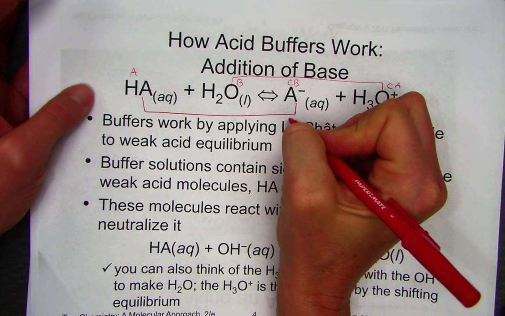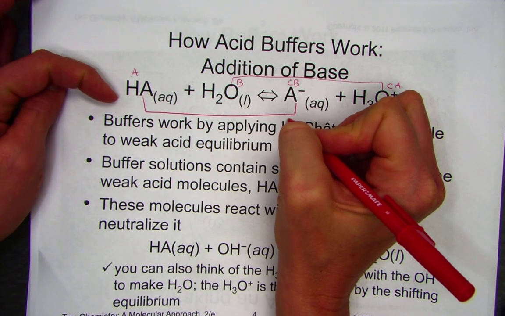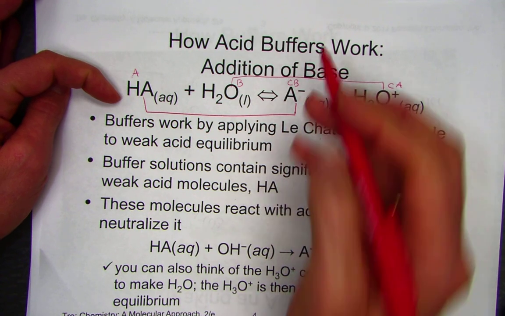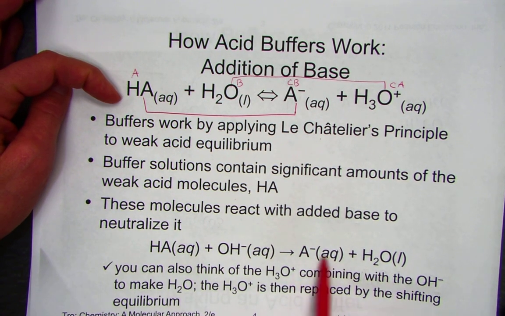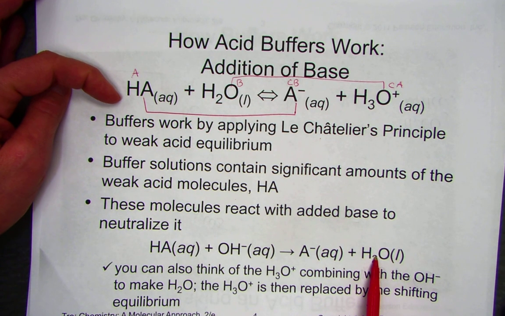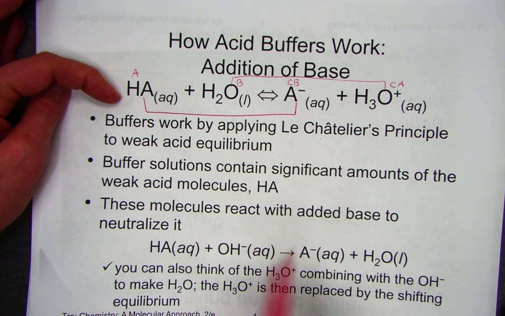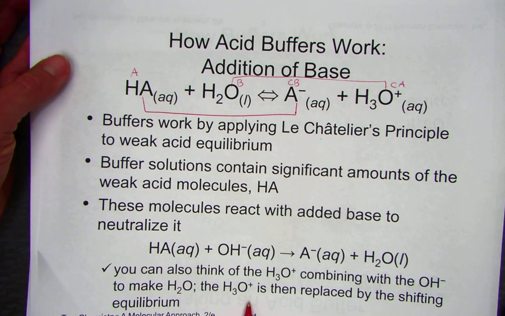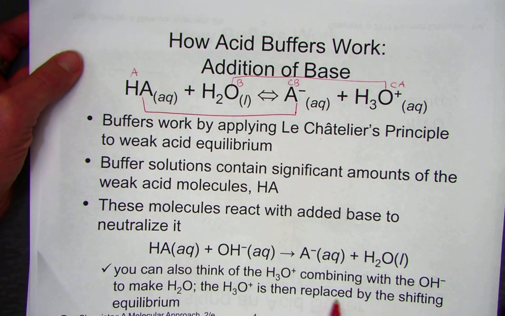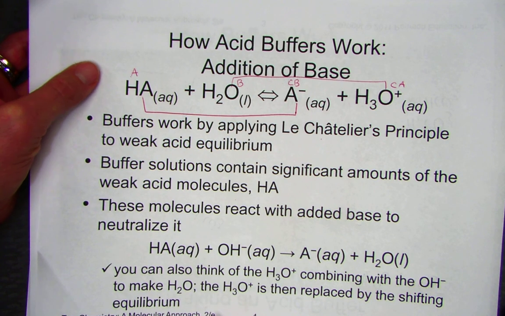Adding base neutralizes the acid. Adding a base to an acid neutralizes that to make another water molecule. You can think of it as hydronium combining with hydroxide to make a water. A proton has been transferred. The hydronium is then replaced by the shifting equilibrium.